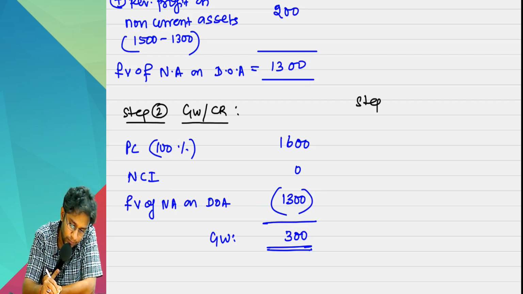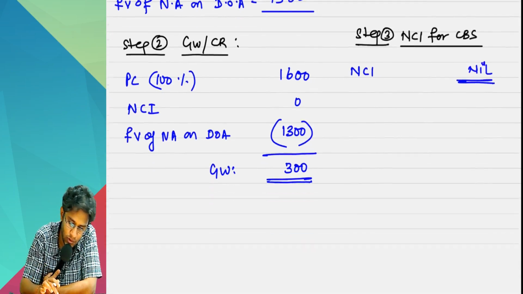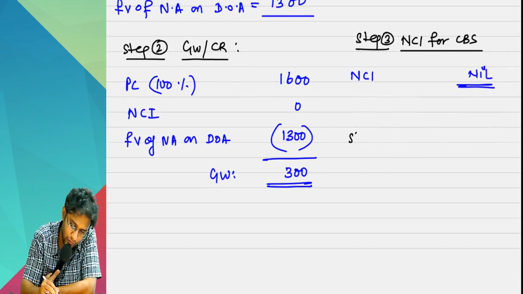Step number 3: NCI for the CBS. It does not matter because anyway NCI is 0. Step number 4: other equity for the CBS.